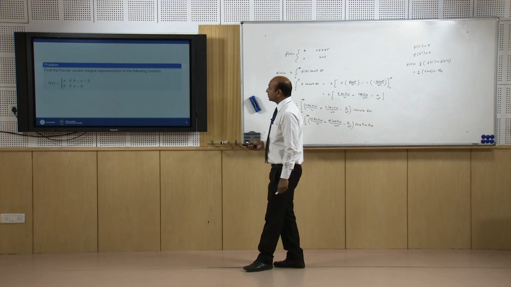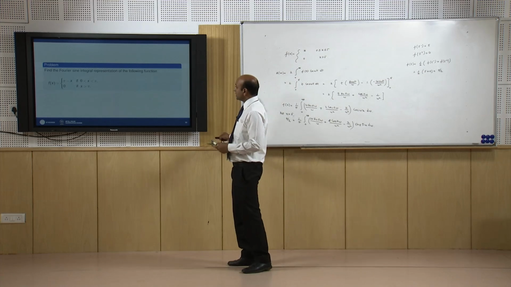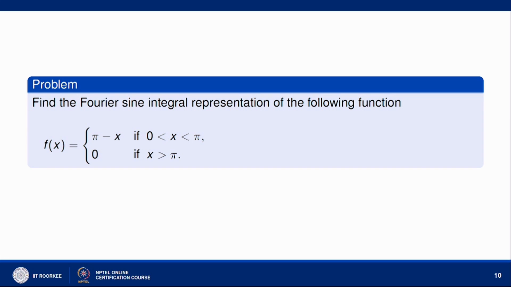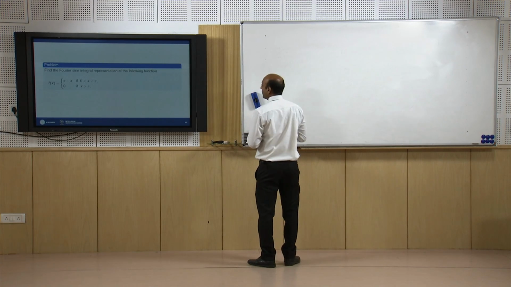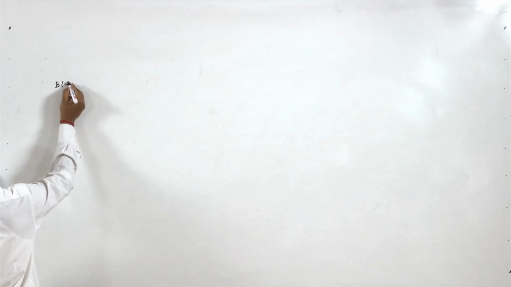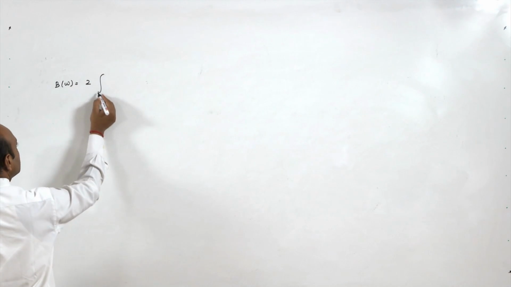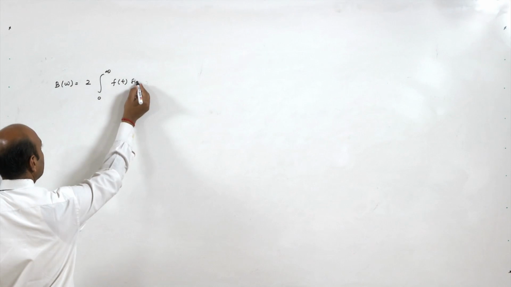Now the next problem is the Fourier sine integral representation. That is also very easy to find out, we can easily simplify it. Again for this problem, for finding the sine integral representation, we will find B omega, which is given by 2 times the integral from 0 to infinity of f(t) sine omega t dt.